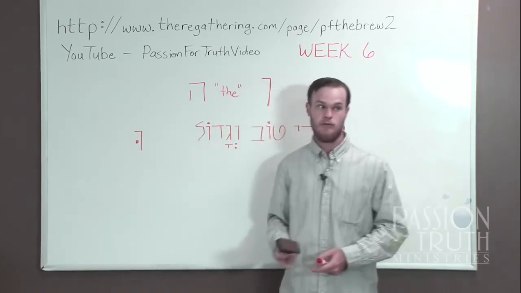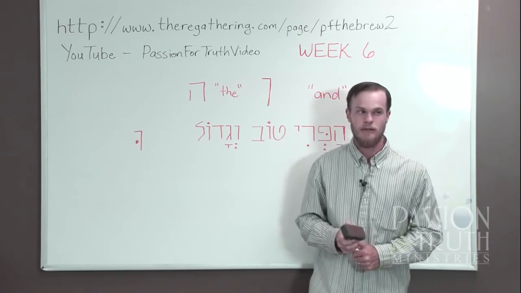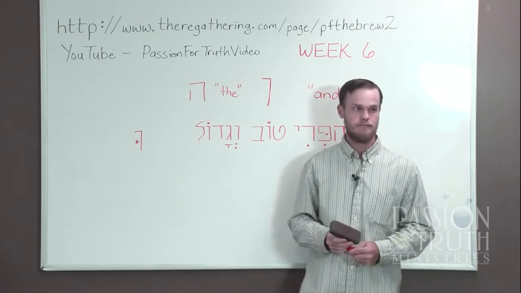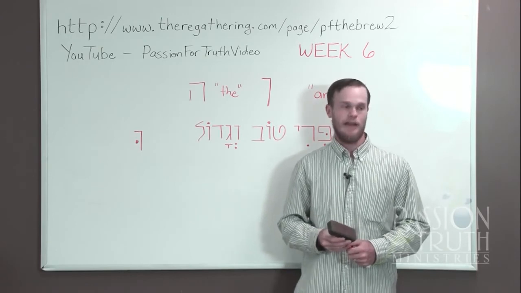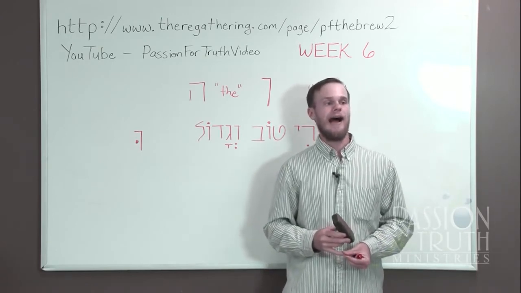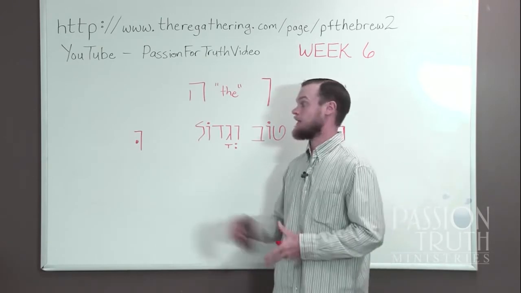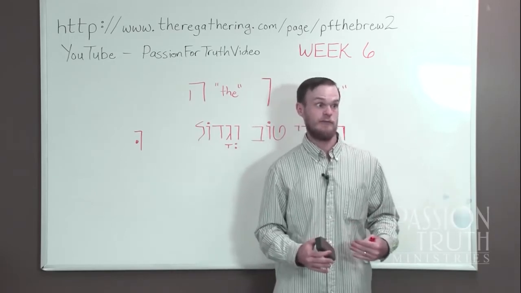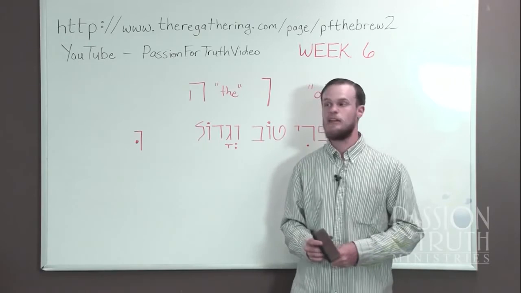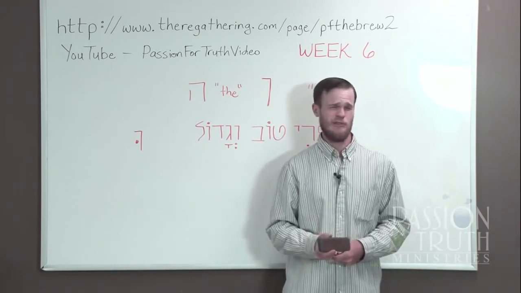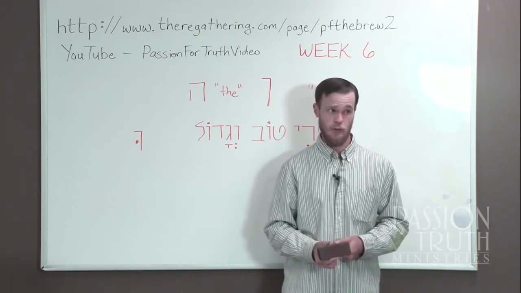So can it appear in front of a word that starts with a vav? Yes, you'll find a double vav there. You'll find that very infrequently because there are so few words that actually start with a vav.